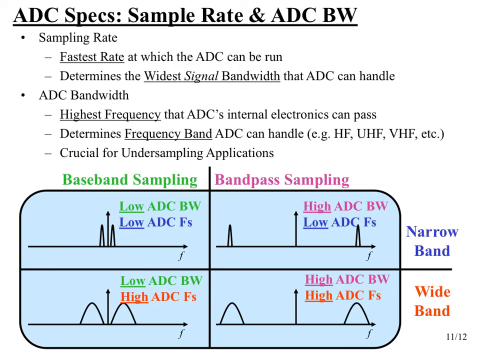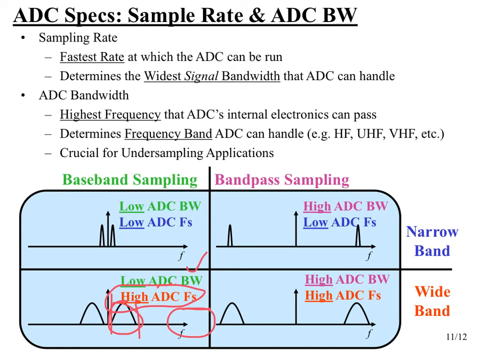Continuing on with baseband sampling, if we look at a broader signal, we still need a fairly low A to D converter bandwidth because we're not talking about signals way up here. But because the bandwidth is a little wider, we need a higher A to D converter sampling rate.